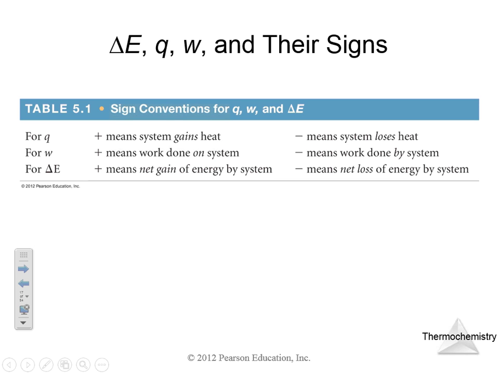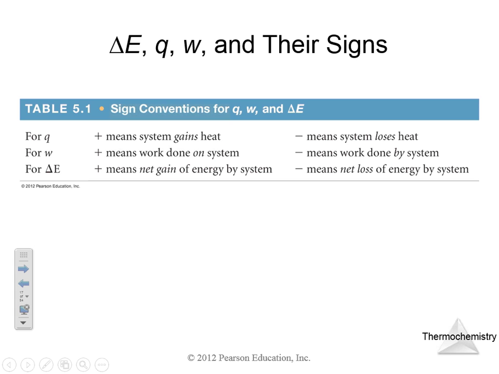If heat is positive, Q, that means the system gains heat. If heat is negative, Q is negative, that means the system loses heat. If work is positive, that means work is done on the system. If work is negative, that means work is done by the system.